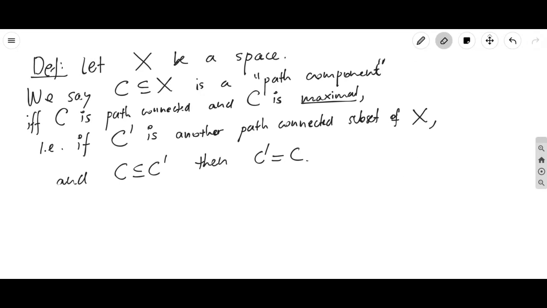And I want to get to the following fairly simple proposition regarding path components. So here's a proposition. Let X be a space, a topological space, or a metric space, or a subset of Euclidean space, whichever one you like.